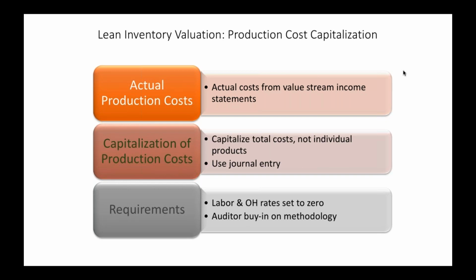It is a tremendous opportunity when you set labor and overhead rates to 0 in an ERP system. The majority of the traditional type problems and issues with costing go away.